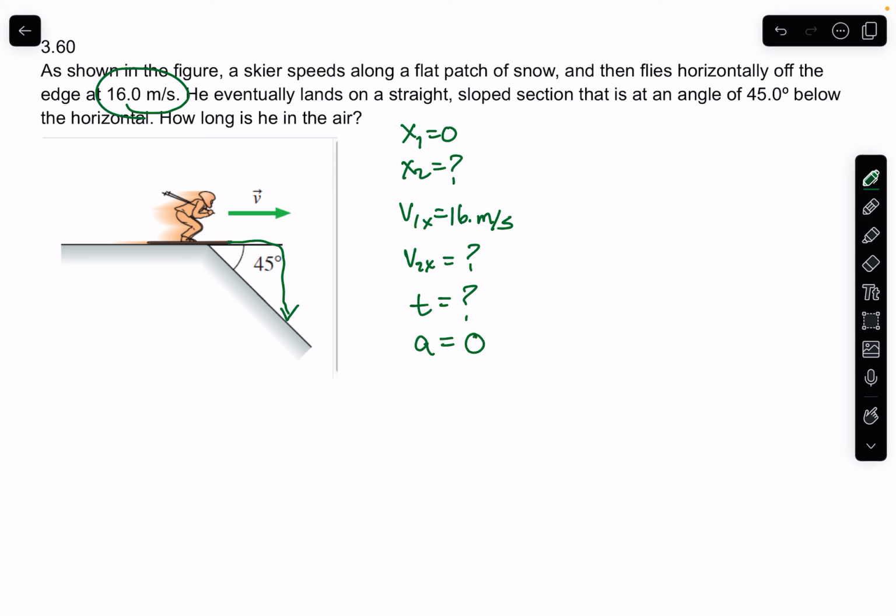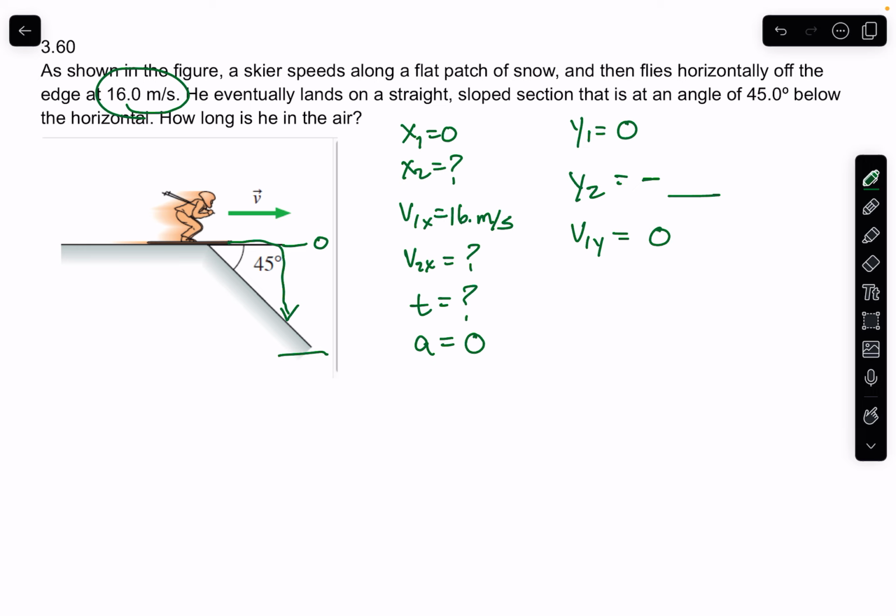So let's write down my y's. I've got y1. Now, this is an interesting question. I'm probably going to break a rule at some level, but I think it works out better. I'm going to say y1 is 0, so this is 0, and we're going below. And then y2 will be some negative answer, but we don't know what that is either, because he's going to fall. We know v1y. A lot of people think, I don't know that.